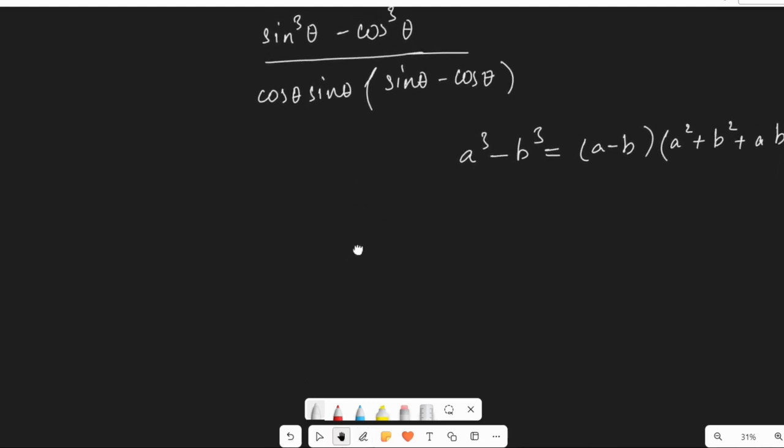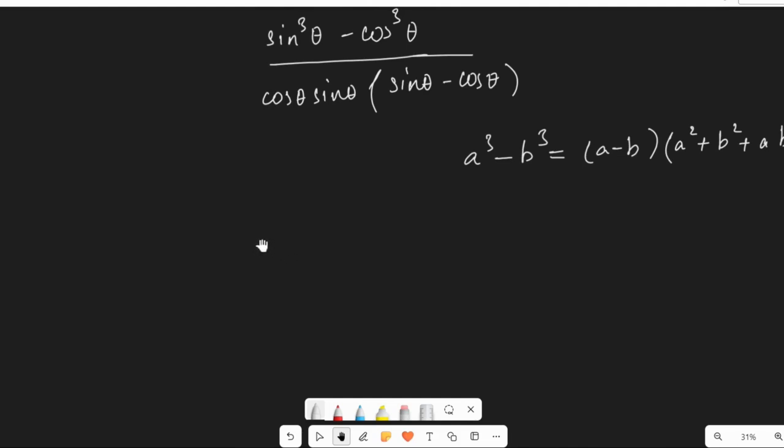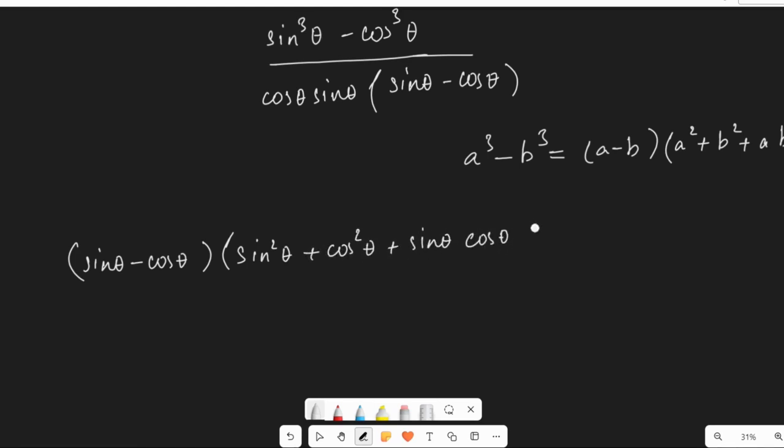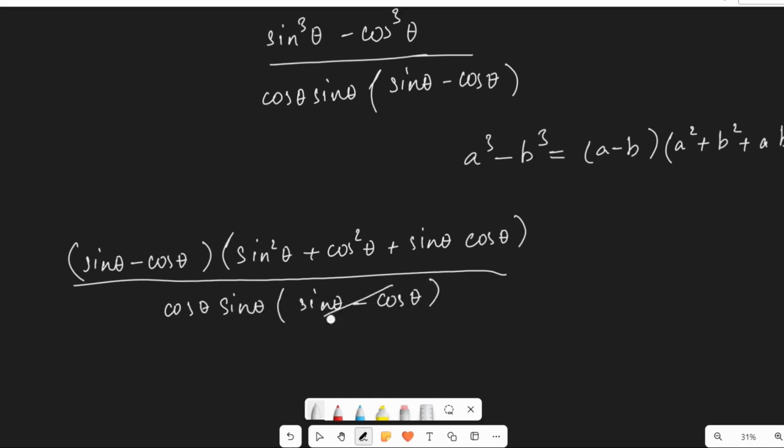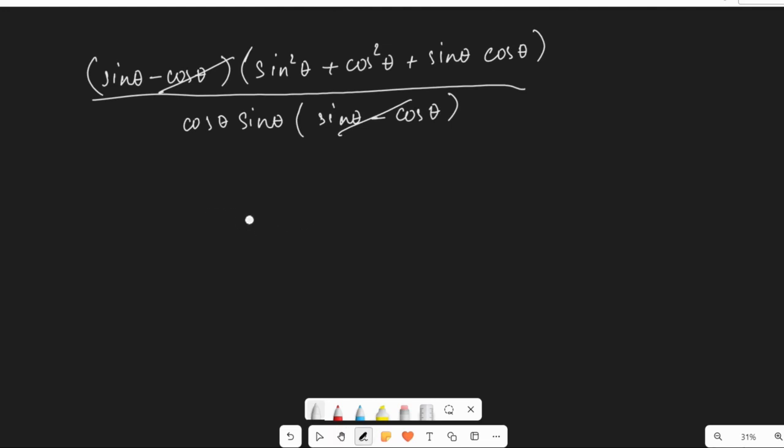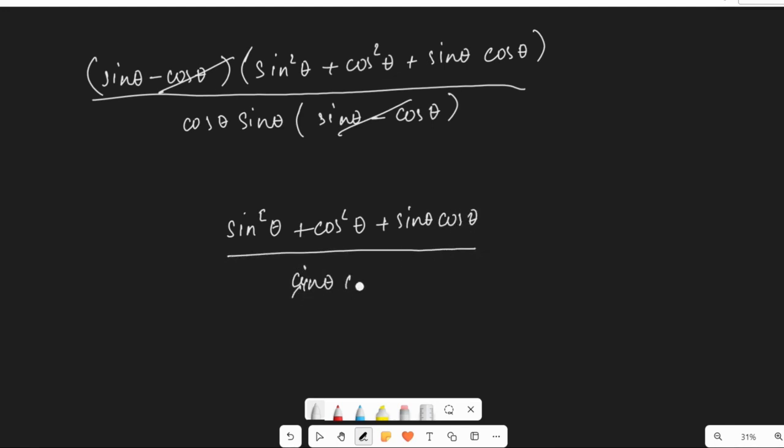So writing sine cube theta minus cos cube theta in this form, we get (sine theta minus cos theta) into (sine square theta plus cos square theta plus sine theta cos theta), and we have the denominator as cos theta sine theta into (sine theta minus cos theta), and from here sine theta minus cos theta gets cancelled, and the remaining terms can be written as (sine square theta plus cos square theta plus sine theta cos theta) by sine theta cos theta.